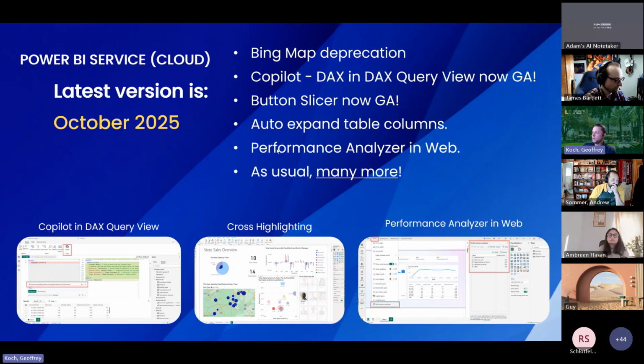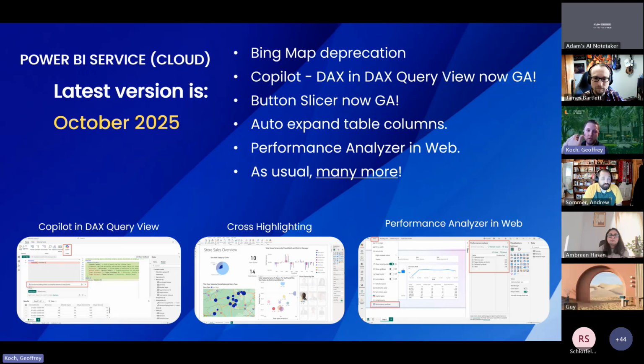Another one that I wanted to highlight was Performance Analyzer in the web. If you haven't used Performance Analyzer before on desktop, it's a very impactful feature for any troubleshooting you'd like to do in your report. Specifically, we tend to utilize DirectQuery a lot because our row-level security is baked into views within our data warehouse, so we use DirectQuery to dynamically address the security.